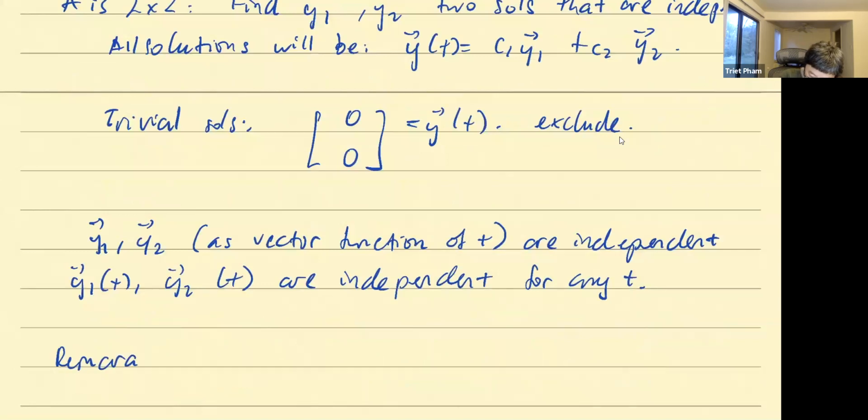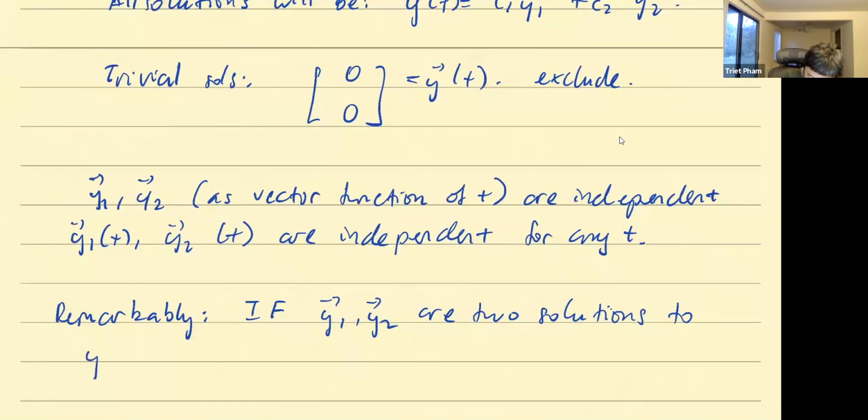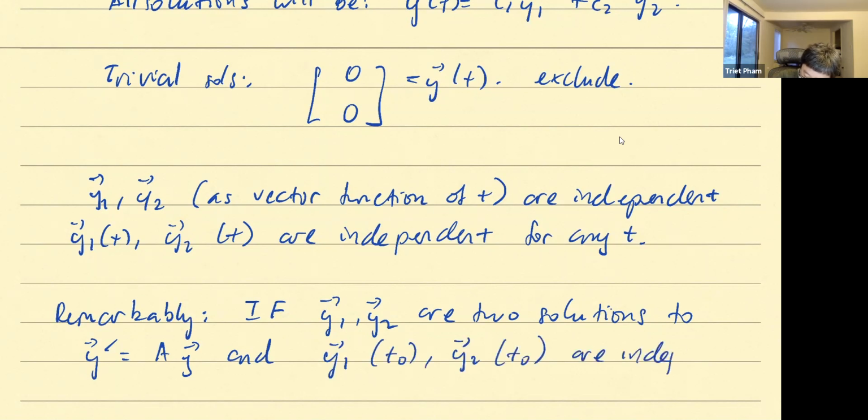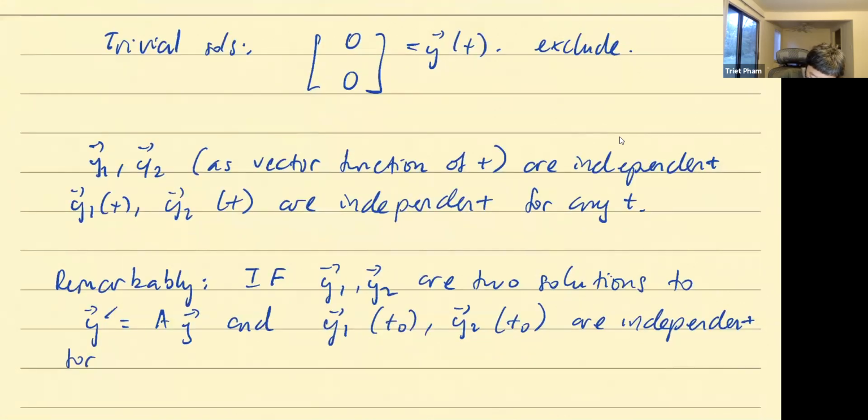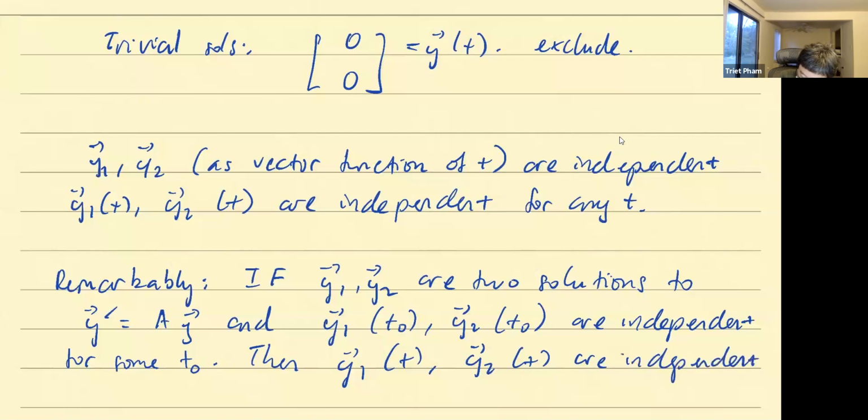But what is a remarkable fact is this. Remarkably, if y1, y2 are two solutions to y prime equals Ay, and y1 at t naught, y2 at t naught are independent for some t naught, then y1 of t, y2 of t are independent for any t.